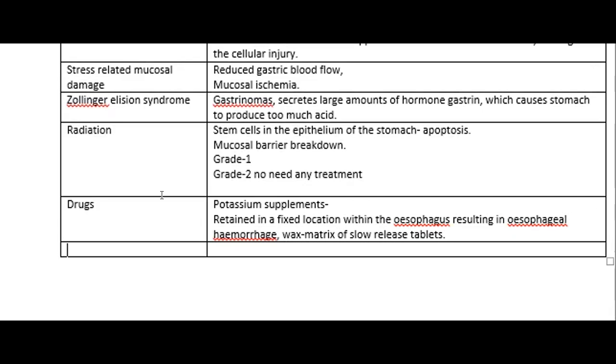And coming to another cause, which is smoking. Smoking interferes with the gastrointestinal mucosal protective mechanisms.